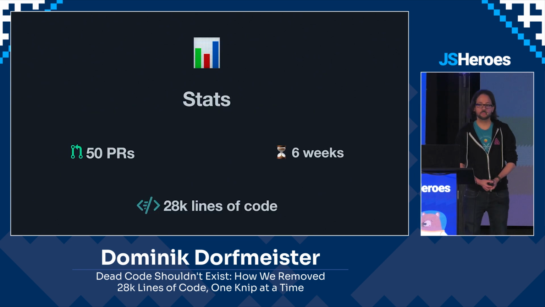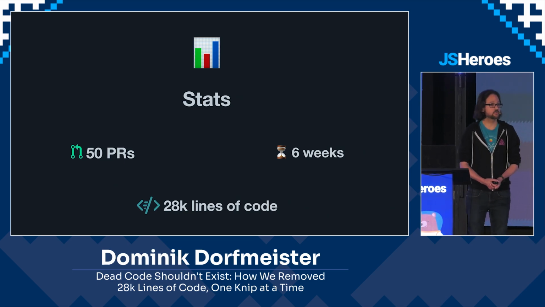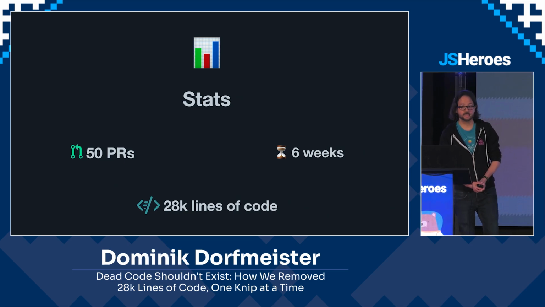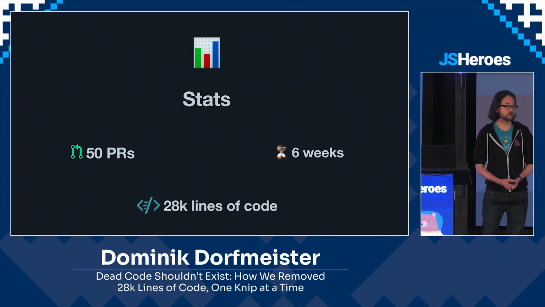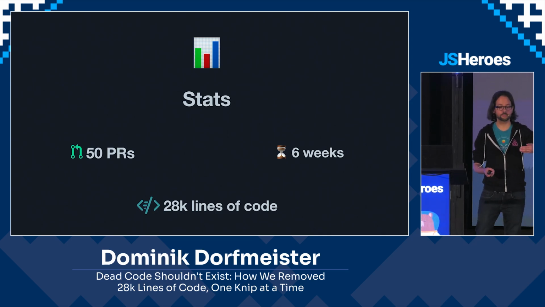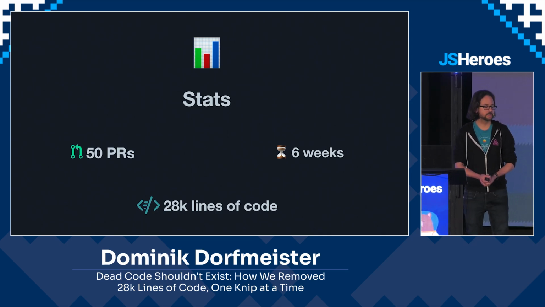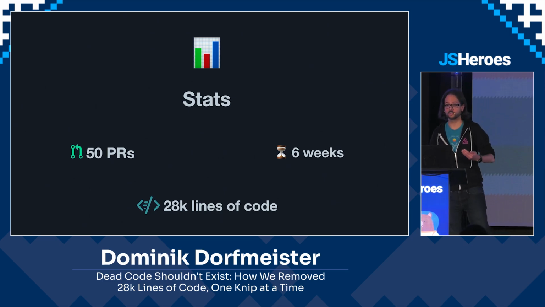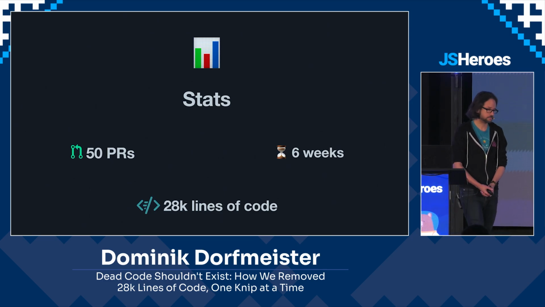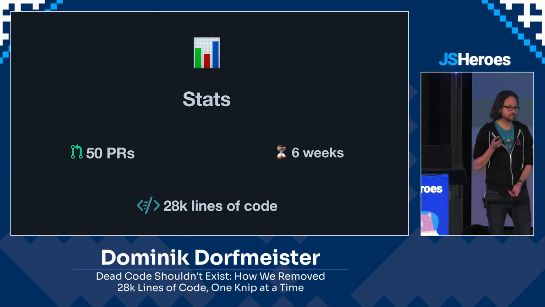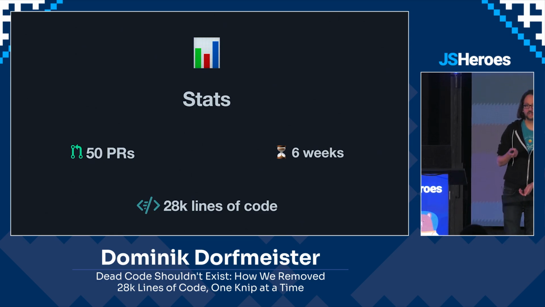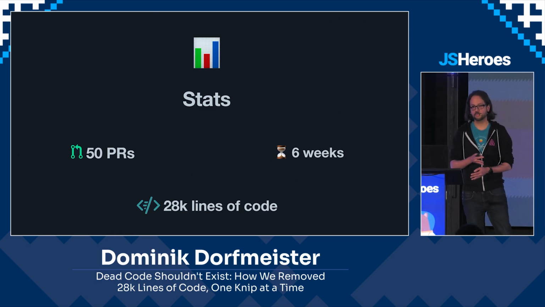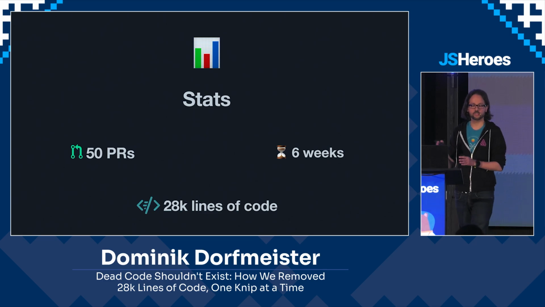All in all, I think we made over 50 PRs over the course of 6 weeks. And at the end of the day, we could remove 28K lines of code. I think it's a bit more than that afterwards. And this is almost 3% of the Sentry code base that we could remove, which is huge. But I think the more important thing is that we're now running Knip in CI, which makes sure that no additional dead code is introduced.